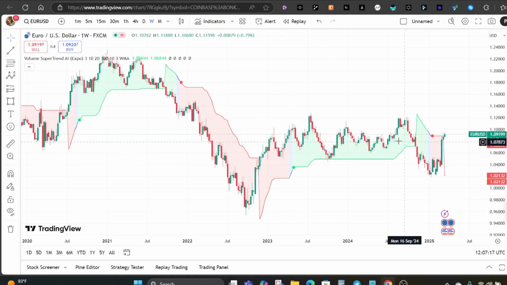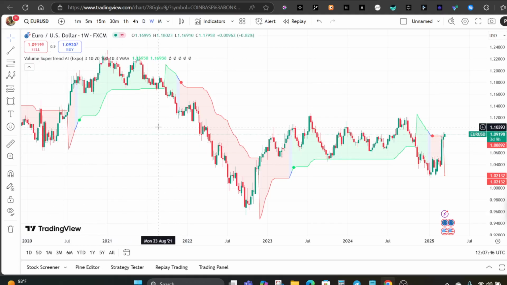It uses volume weighted moving averages to ensure that trends are backed by actual market activity and not just price movements. And it incorporates the KNN algorithm. KNN stands for K nearest neighbors. The KNN algorithm is an AI based learning that helps refine trend signals by analyzing past market conditions.